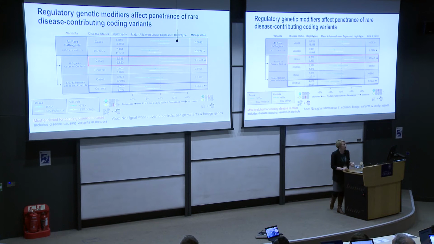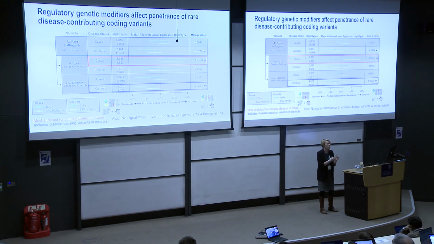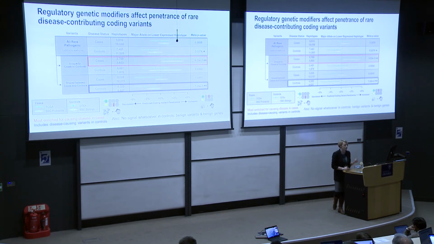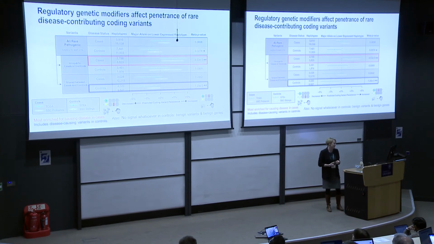Looking at rare variants that are unique to cases, so those rare variants that are most likely to contribute to disease risk in cases, we see an enrichment in cases where they are more often paired with a lower expressing regulatory haplotype, indicating that there indeed seems to be a common regulatory modifier of disease risk.